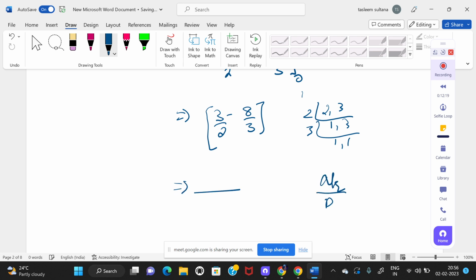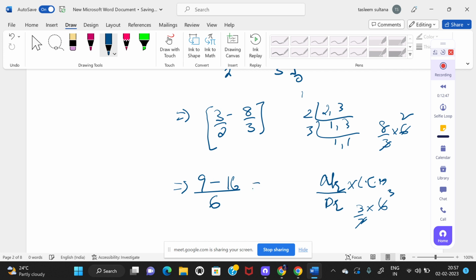Numerator by denominator into LCM, where this LCM is 6. First term 3 by 2 into 6, 3 into 3, it's 9. Then minus 8 by 3 into 6, it's 16. So 16 minus 9 is equal to how much?